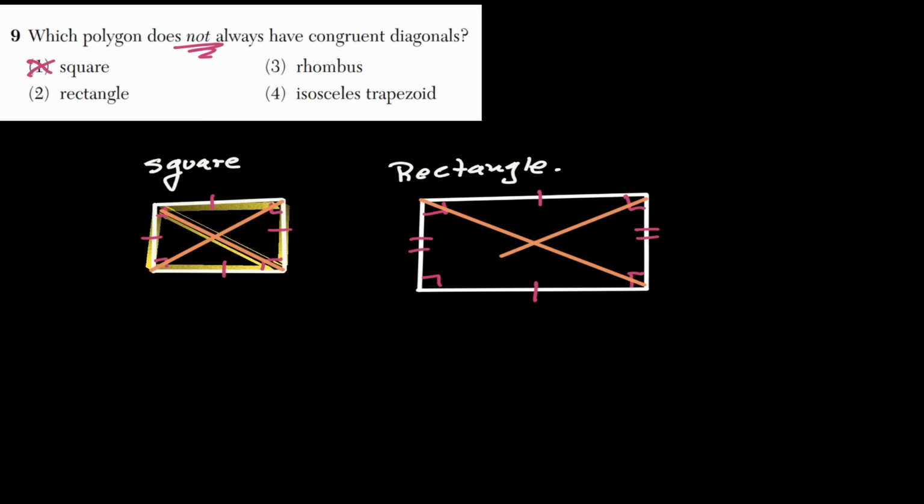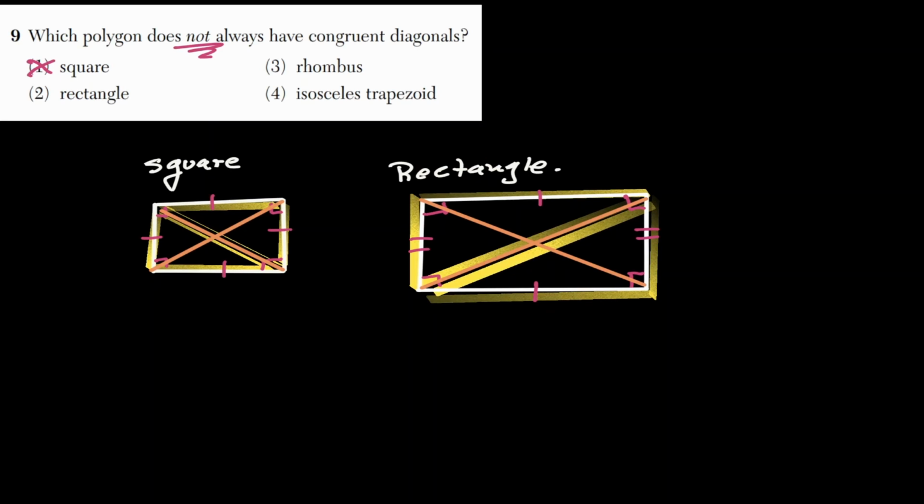And when we consider the other diagonal, the triangle on the left and the triangle on the right are also congruent to each other, and they are the same as the other triangles that we have previously. So we can claim that the diagonals are congruent in this case.